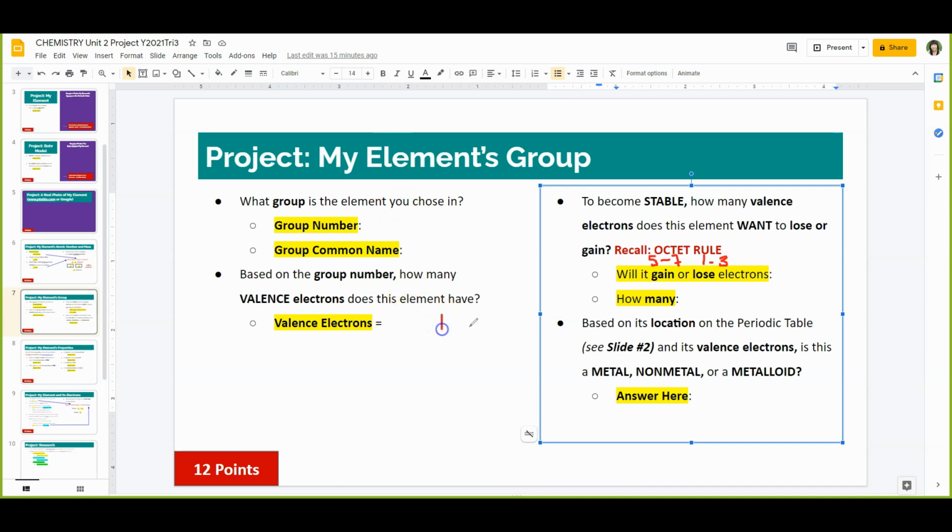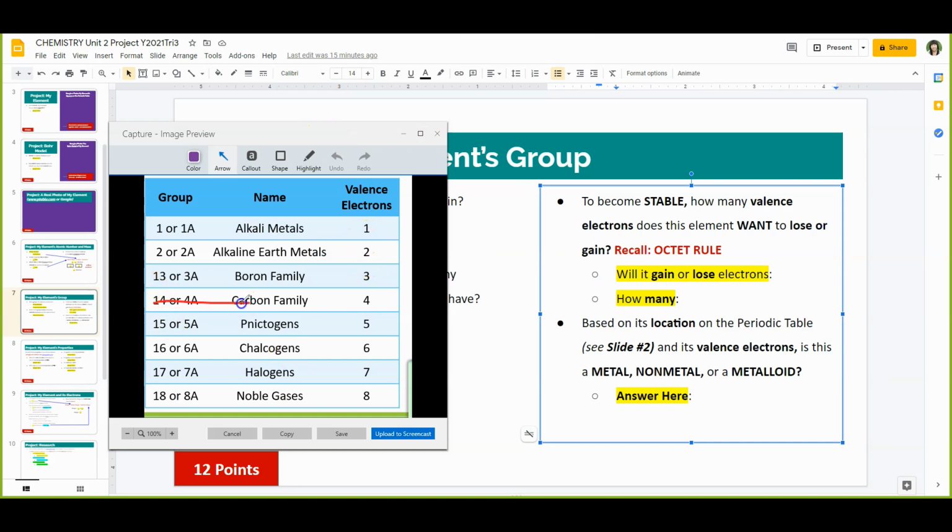So if you're in group 1, you lose 1, group 2, you lose 2, group 13, you have 3, so you lose 3. Group 15, you have 5, and so you just need 3 more. Group 16, you have 6, so you just need 2 more. And group 17, you have 7, you just need 1 more in order to get to a total of 8.